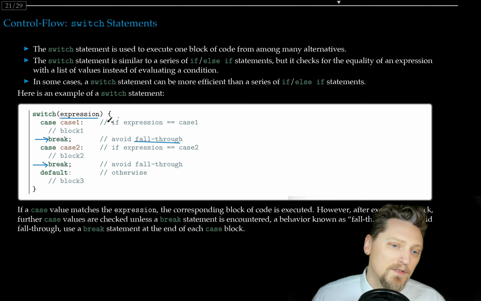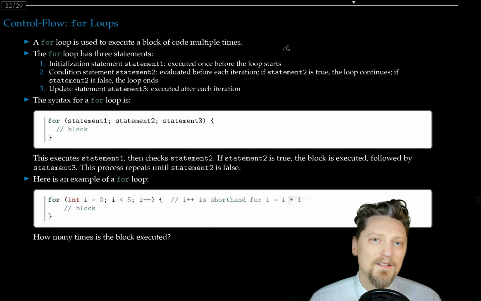The next control flow structure is the for loop. A for loop is used to execute a block of code multiple times. The for loop has 3 statements. Initialization statement, which we'll call statement 1, executed once before the loop starts. So that statement gets executed only once, and it's before the loop starts.